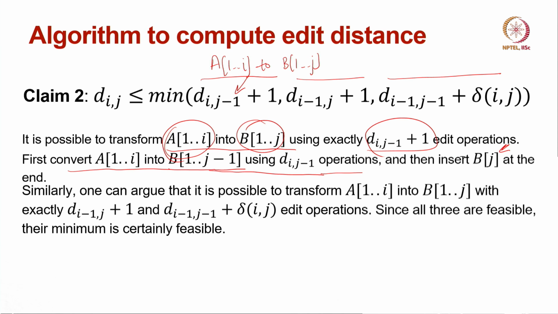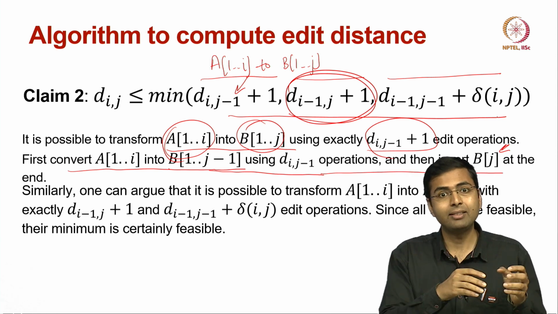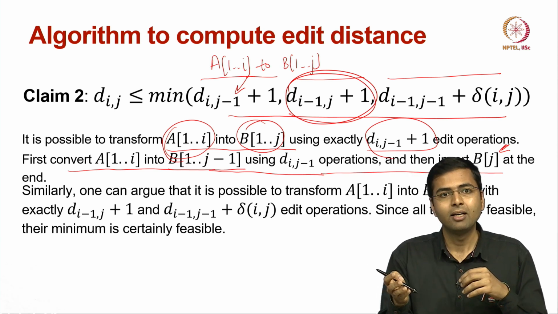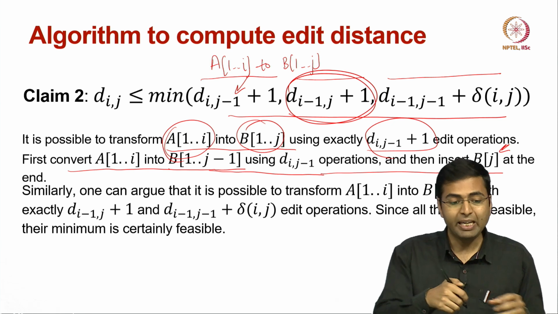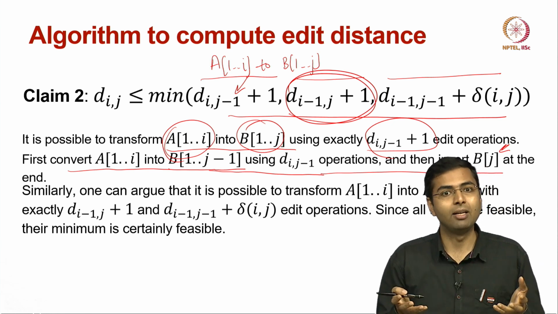Similarly, I can argue using the same logic that there is a way in which I can convert A_1 to i to B_1 to j using exactly D_i-1,j plus 1 operations. Because all these three are feasible ways to convert sequence A into sequence B, the minimum of these must also be feasible.